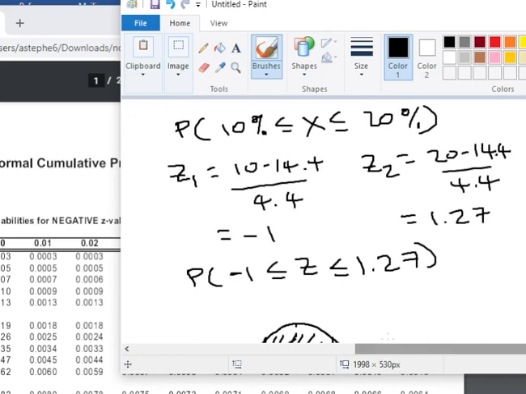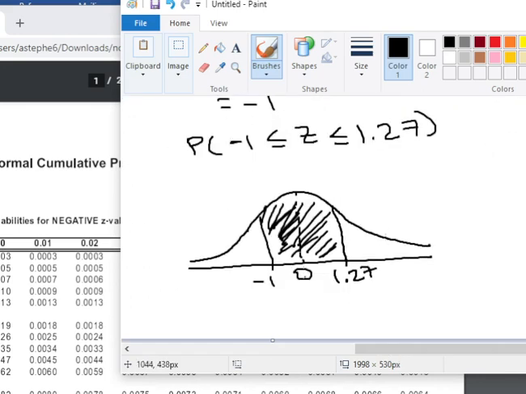So remember, everything needs to be cumulative. And when we look at our graph and the normal table, we have everything up to 1.27 and then everything up to -1, right? So we can look these up separately and then subtract the smaller number, this non-shaded area, from the larger number, which is everything less than 1.27, to get the shaded area as the remainder.